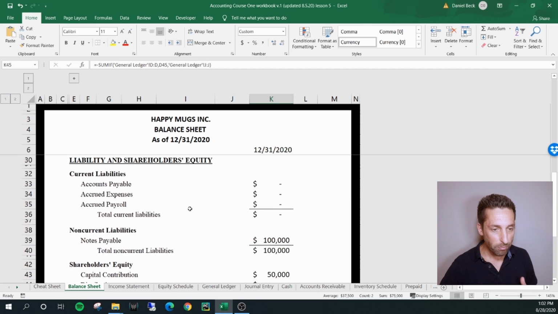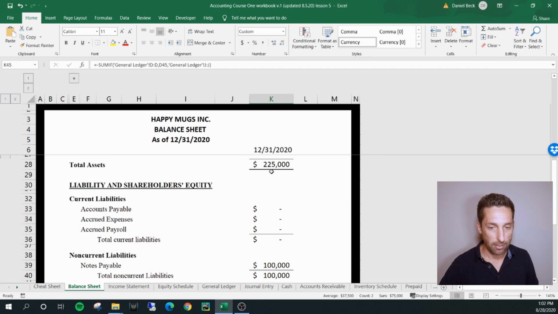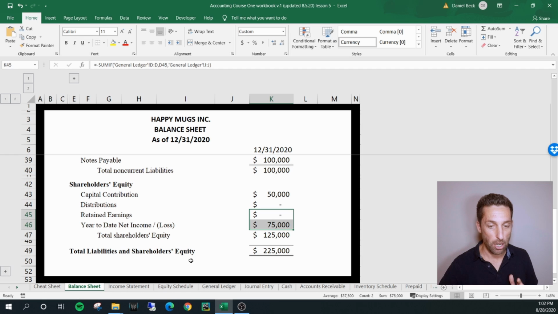So you can see now that our total assets equals our total liabilities and shareholders' equity, thus satisfying the basic accounting equation. And this might be super confusing to some people. I know I personally struggled with this when I was in college, and even when I got my first professional job as an accountant. For some reason, I struggled with this concept, but the more you do it, the more you'll understand.